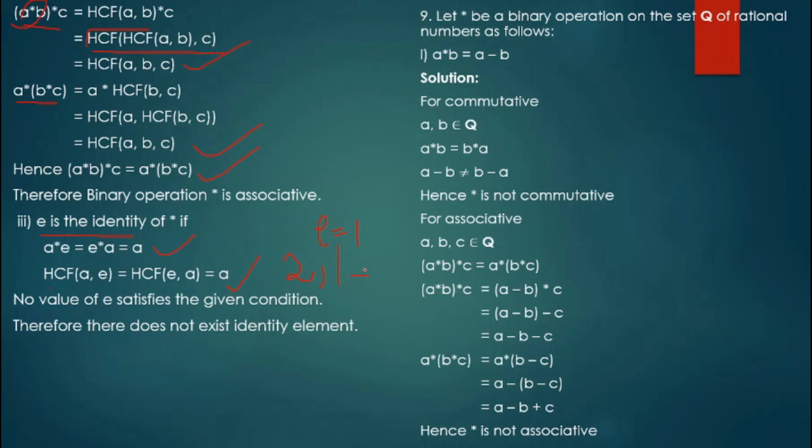It's 1, right? But what answer should we get? We should get 2. We are not getting 2. And the other way around, it is the same. We are not getting 2, we are getting 1. So no value of E satisfies the given condition. Therefore, there does not exist an identity element.